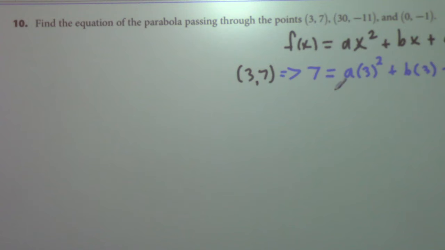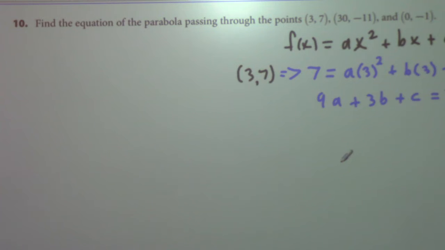So what this is going to be is, I'm going to write this as 9, 3 squared is 9, right? So 9a plus 3b plus c is equal to 7.